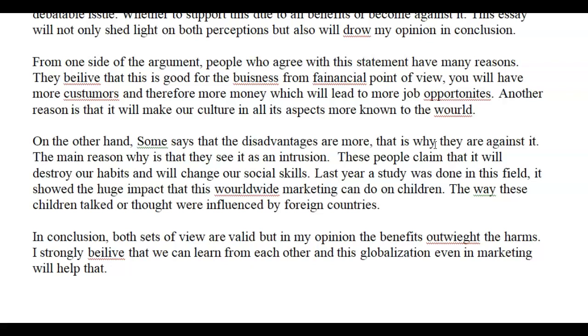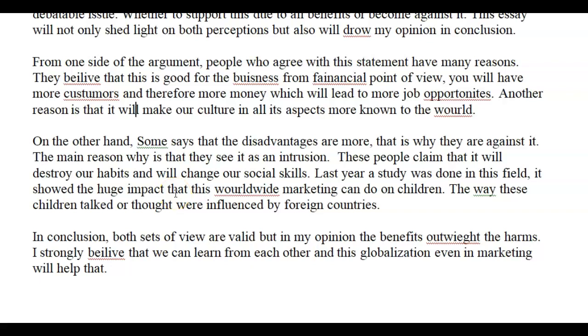In the other paragraph, you're supposed to talk about the invasion and intrusion people feel as a result of international marketing. You said this, but you never really expanded it. So I don't know why it will change our social skills and habits. It was very unclear to me. You have this study here, but you never really say a lot about it.